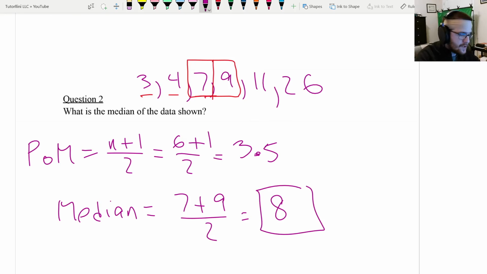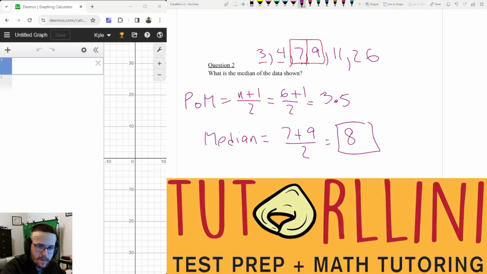Let's go over to Desmos and see how we could have done it on there as well. Okay, looks good.